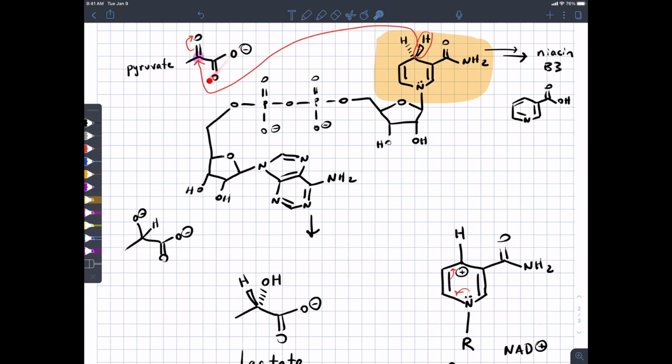This one is resonance stabilized, this one is not. The pKa of the conjugate acid of this one is 16, the pKa of the conjugate acid of this one is like 4. So the negatively charged carboxylate is more stable and happier in aqueous solution than this negatively charged oxygen is. Good. What else?